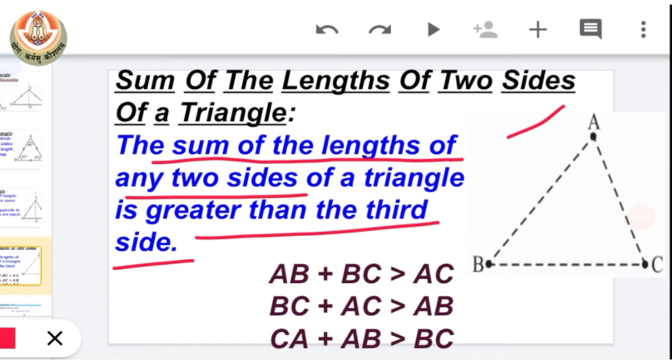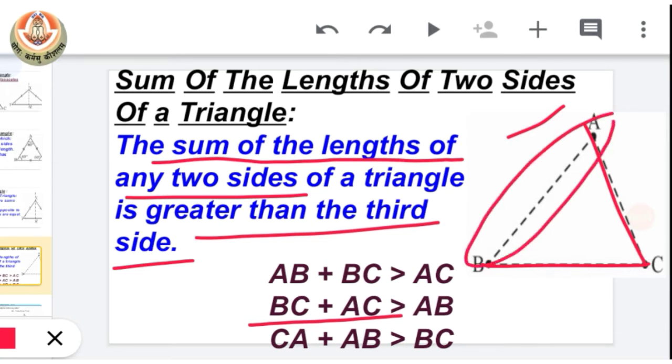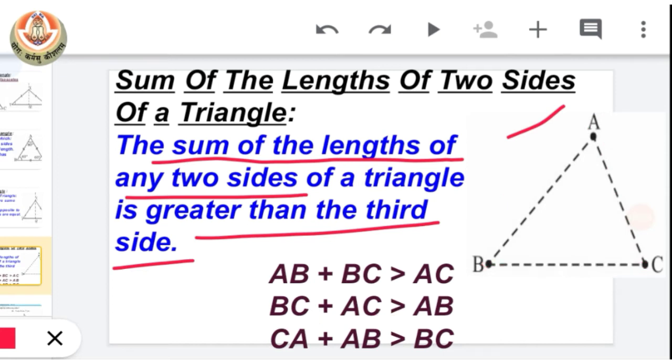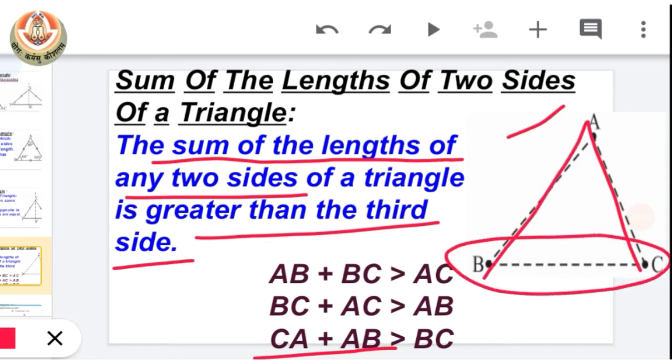Similarly, when we take BC plus AC, their sum should be greater than the third side, which is AB. Similarly, when we take CA plus AB, their sum should be greater than the third side, BC. Okay, class?